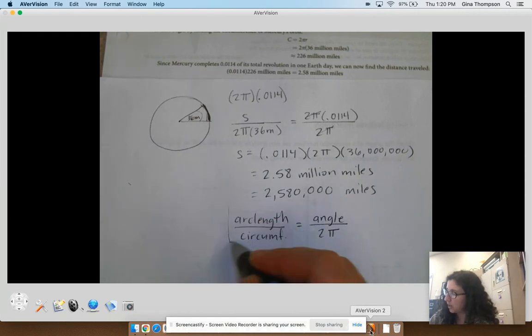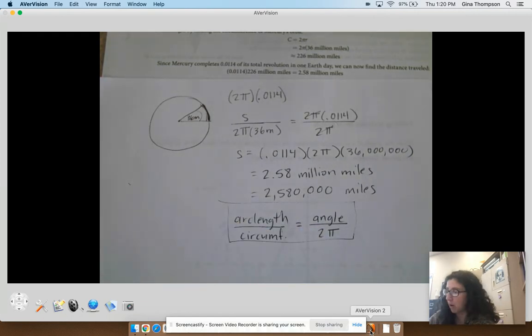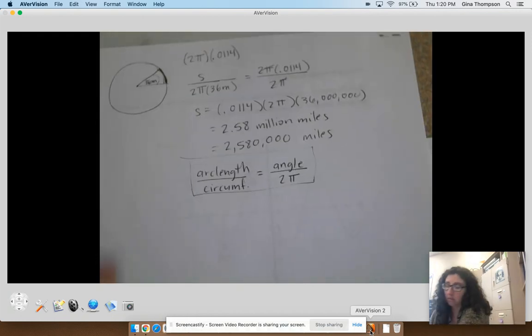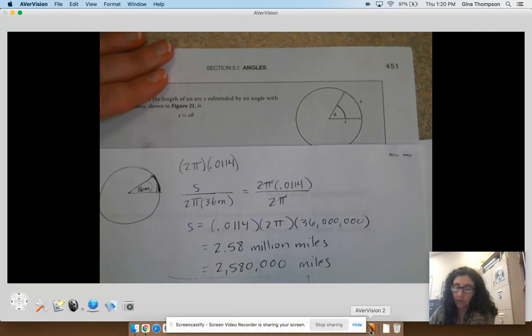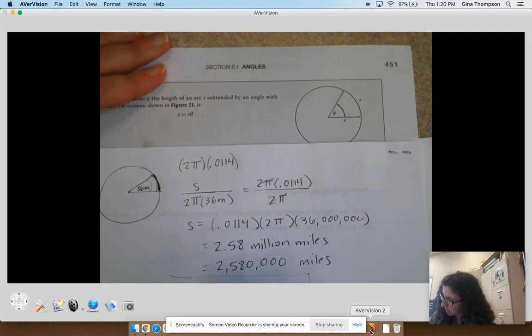This ratio is all I remember to be able to solve these problems. If we wanted to just use this instead, the thing that they gave us, S equals R times theta, we could do that, right? S would be, let's see, the radius is 36 million. And the theta we figured out was 0.0114 times 2 pi. Gives us the same thing.